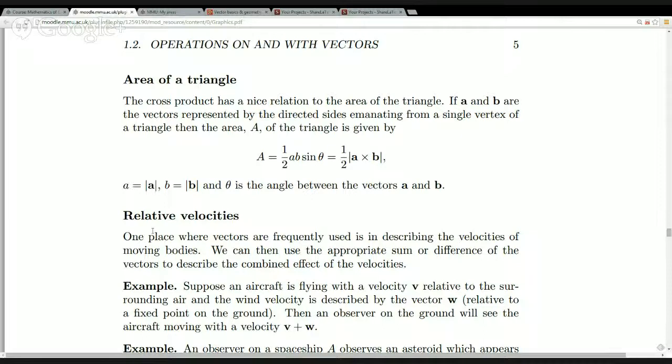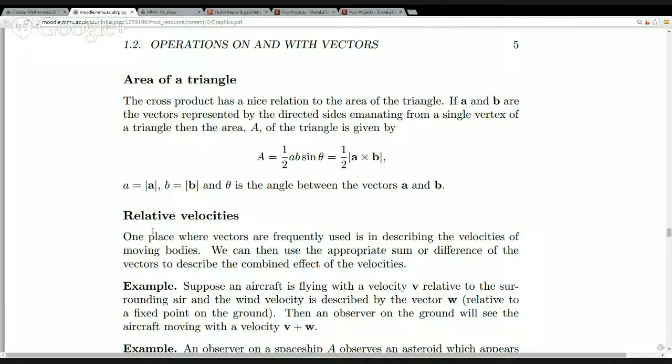By using appropriate sums or differences of vectors, when we use vectors to describe relative velocities, how objects are moving relative to other objects, you can work out combined velocities. So velocities due to the movement of one object relative to another, but if the first object is also moving, work out the total combined velocity by using appropriate sums and differences of these velocity vectors. So there's a couple of examples here.